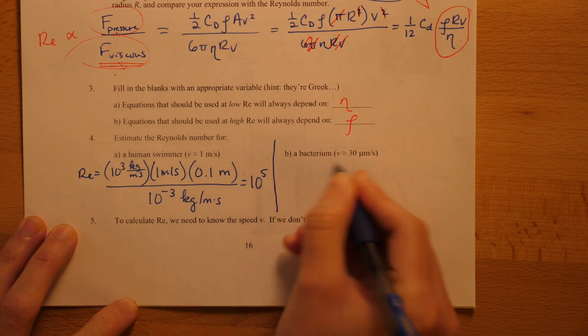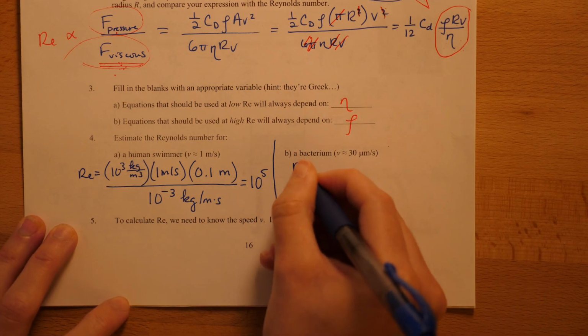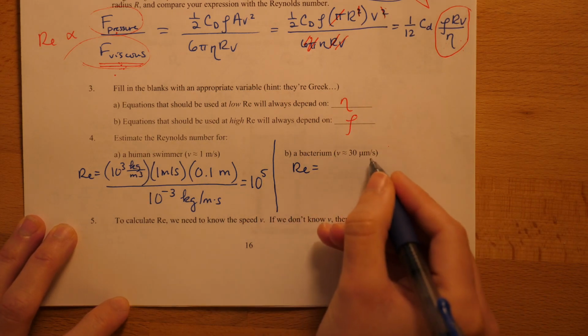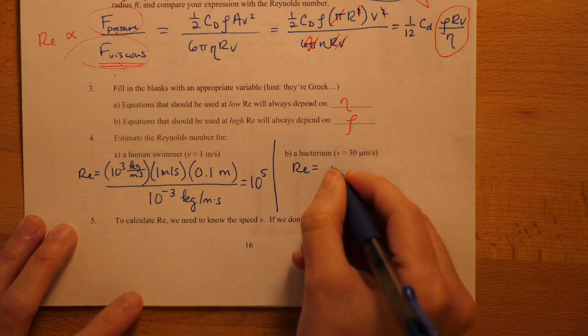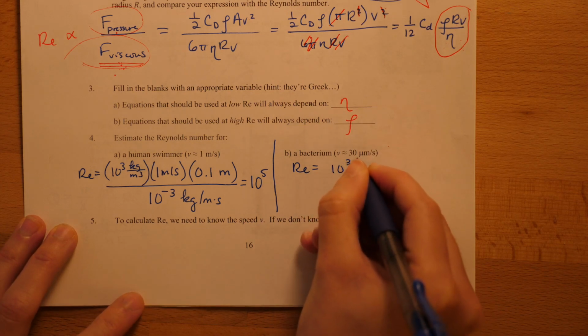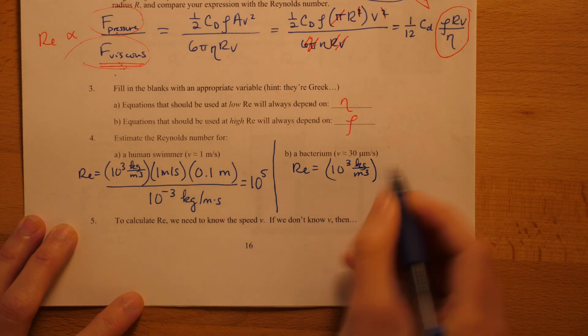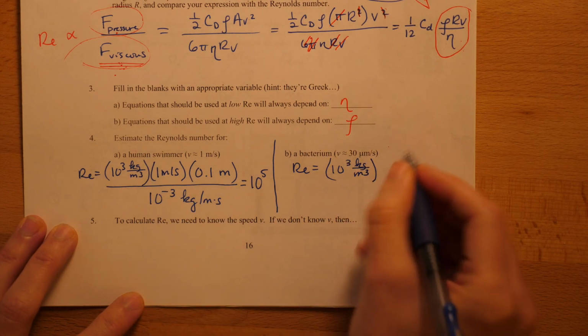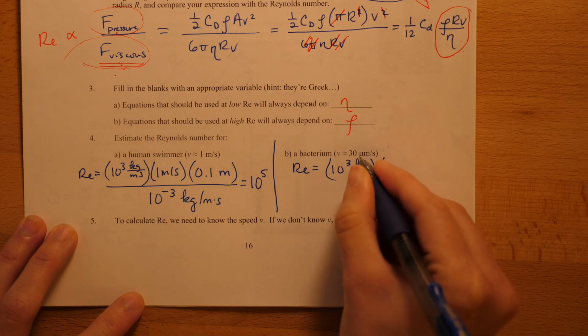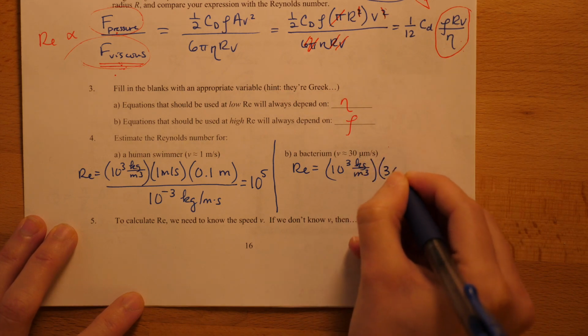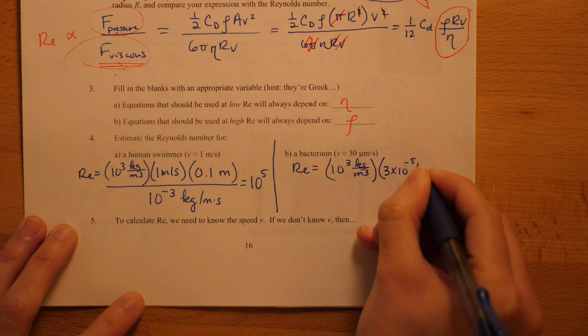Now, let's do the same thing for a bacterium. So in that case, the bacterium is also swimming in water. So we still have the density of water, but the bacteria's speed is going to be much smaller. It's 30 microns per second, which is 3 times 10 to the minus 5th meters per second.